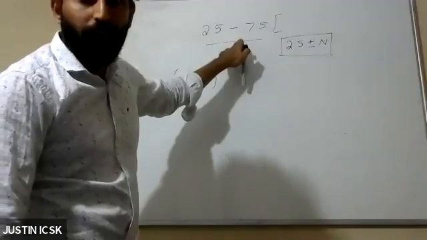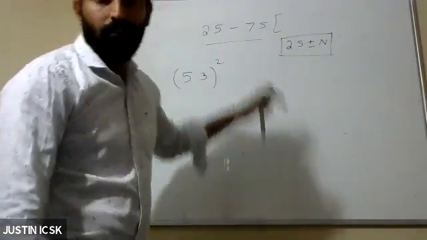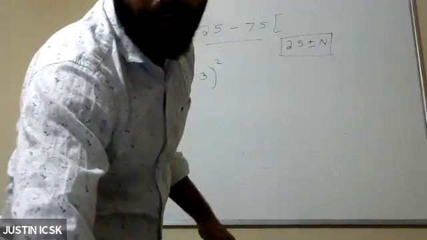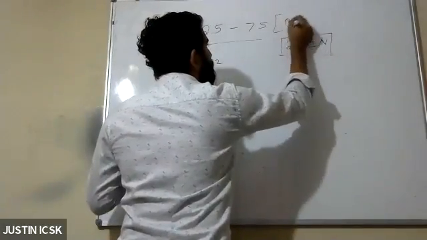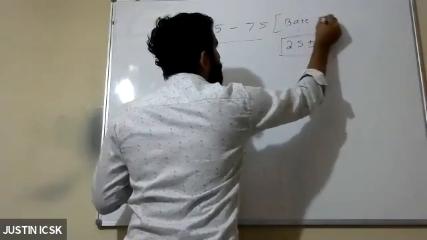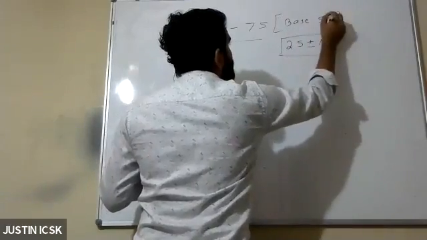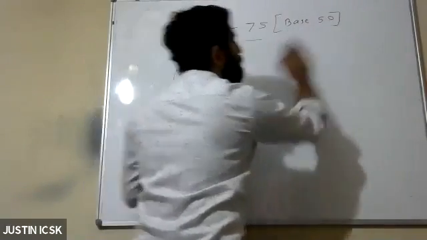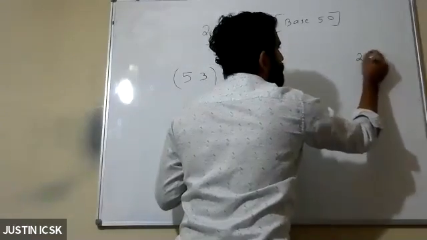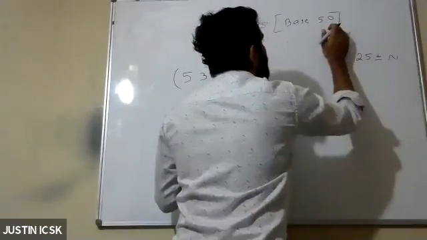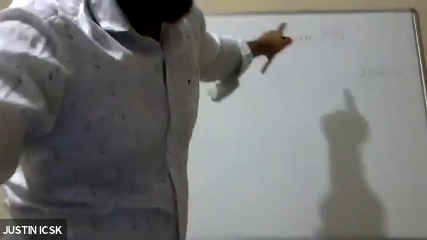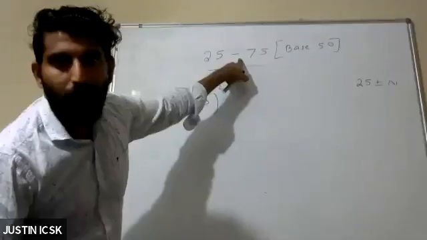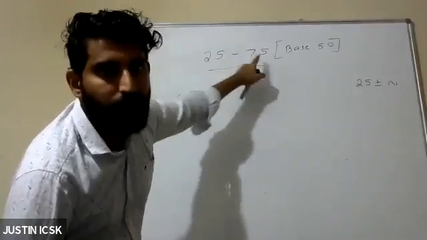Between 25 and 75, you should remember that the base is 50. Just remember the method, because you see the middle number is 50, between 25 and 75.